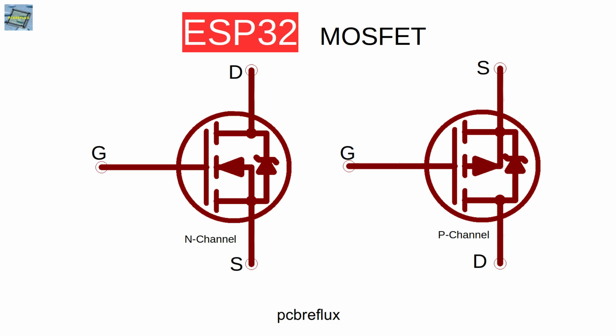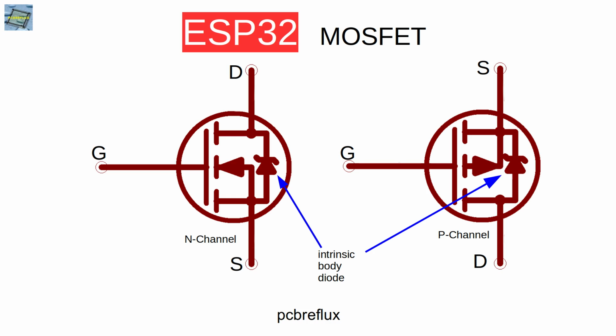Now we can compare both types of MOSFETs. As you see, the arrow is pointing in the other direction for the N-channel and the P-channel. Because of the intrinsic body diode, mostly we connect the drain of the N-channel MOSFET to the positive rail, and for the P-channel MOSFET, we connect the source to the positive rail.